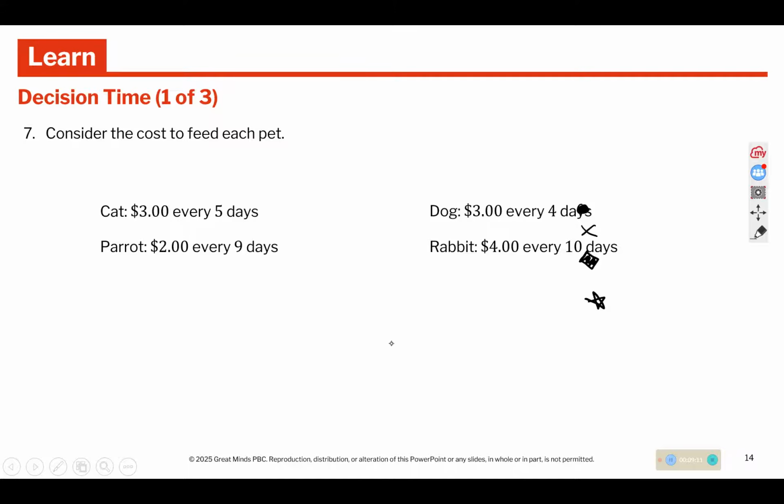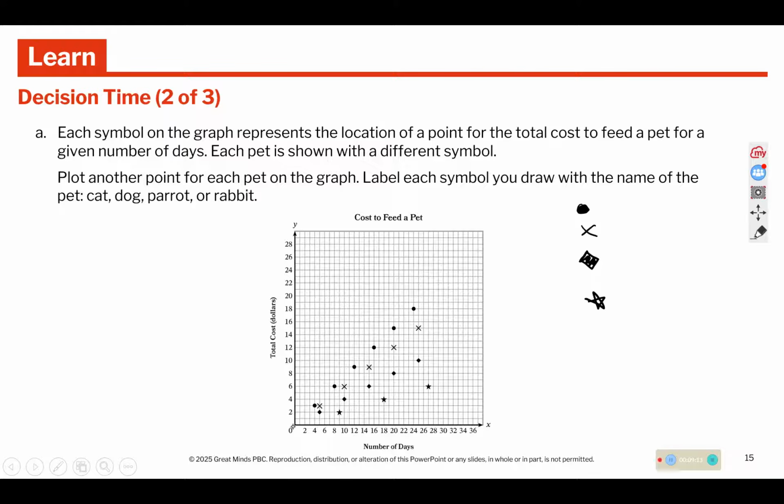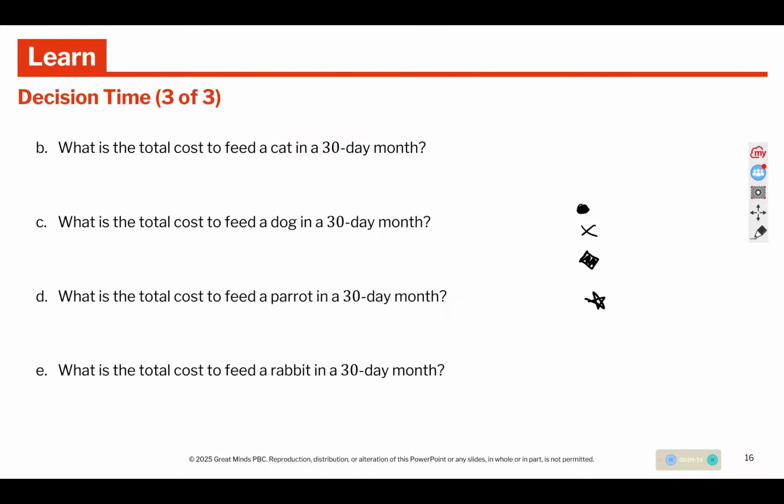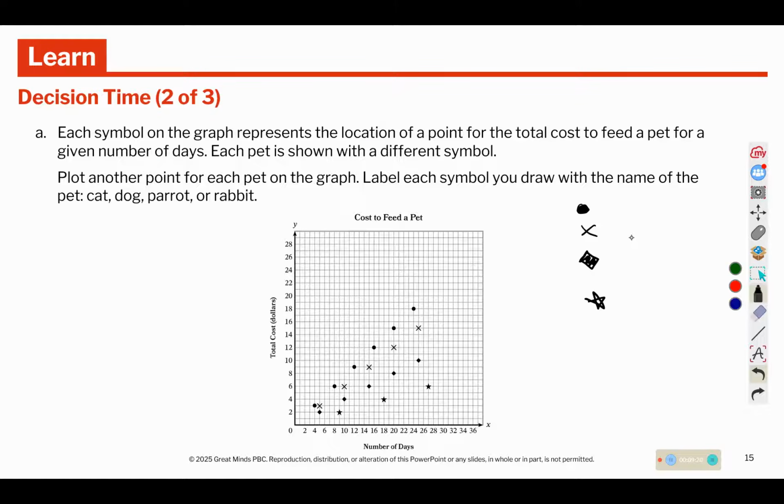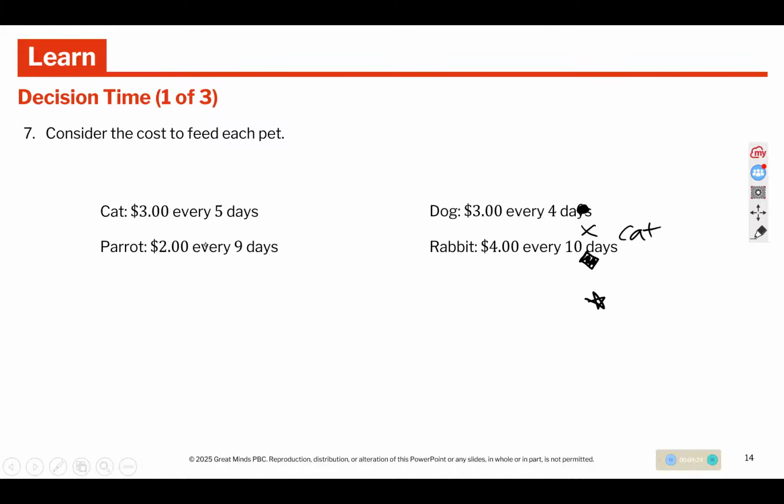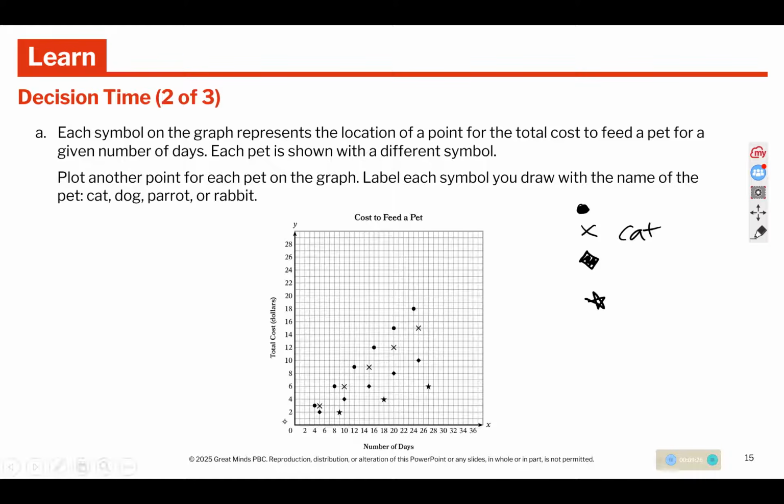The cat is $3 every 5 days. So if we go to 5 days and up to $3, the cat is represented by the X. The parrot is $2 every 9 days. Go over to 9 days and up to $2. That is the star.